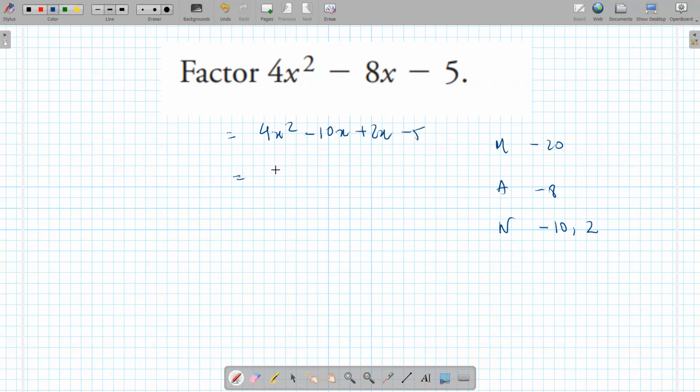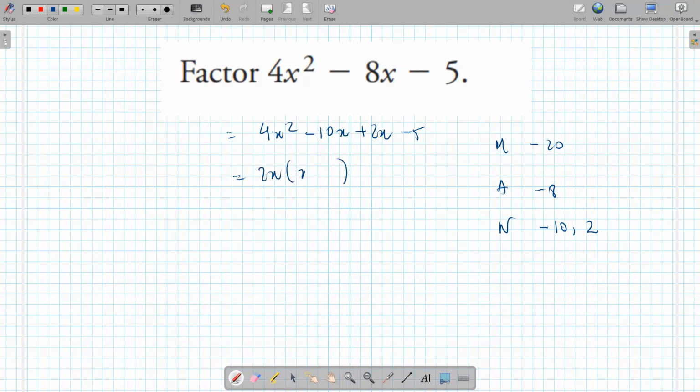What can we pull out from the first two terms? x. Nope, you can pull out more than x from the first two. Always pull out the GCF, otherwise it's not going to work out. How about 2x? Because 2 goes into both 4 and 10, so it's going to be 2x.